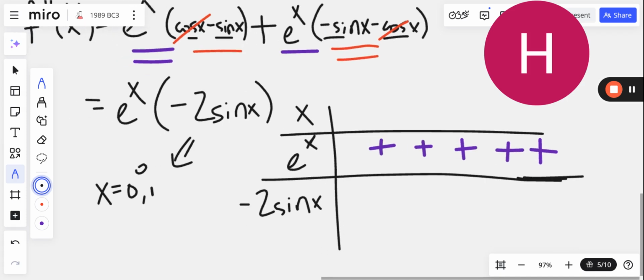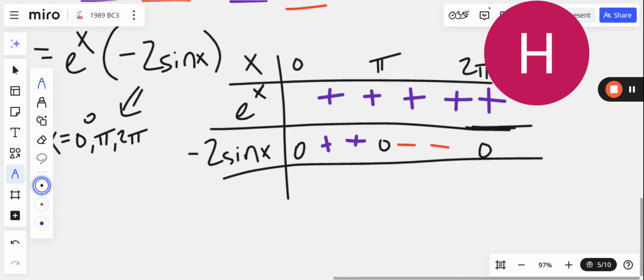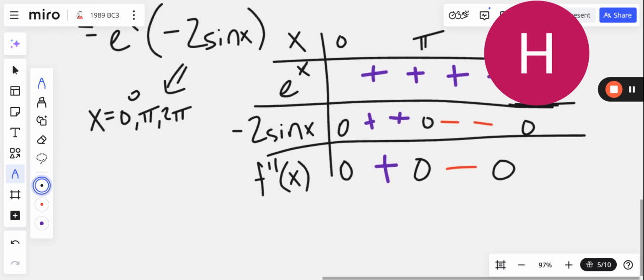So at x equals 0, at x equals pi, at x equals 2 pi. And we know what sine does. It's positive first, then it goes 0, then it goes negative. So the overall second derivative, it does change. It changes right there at x equals pi.